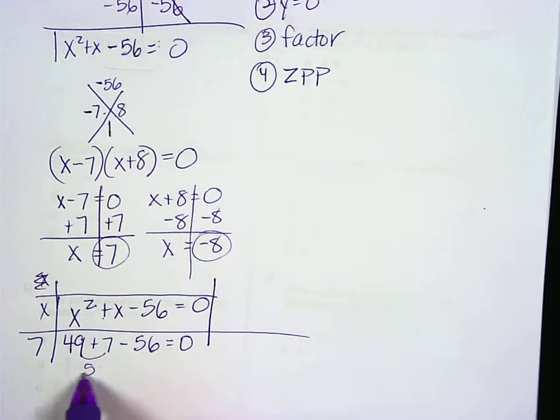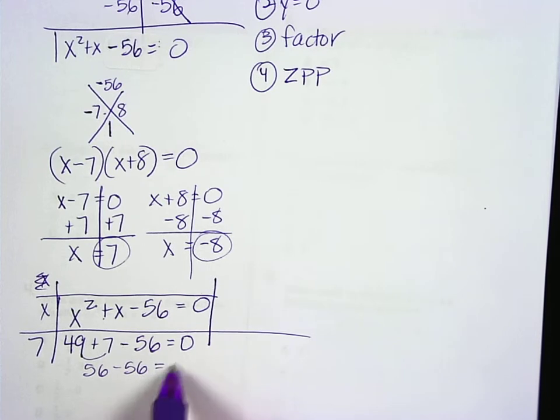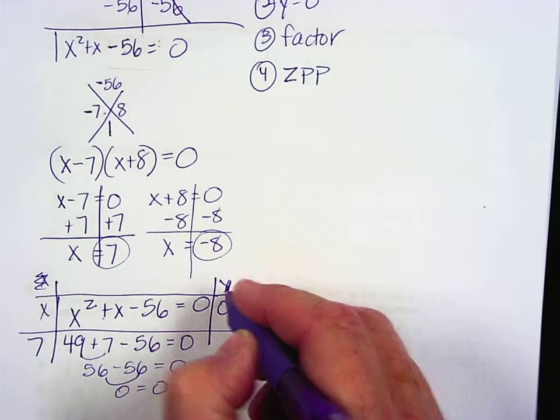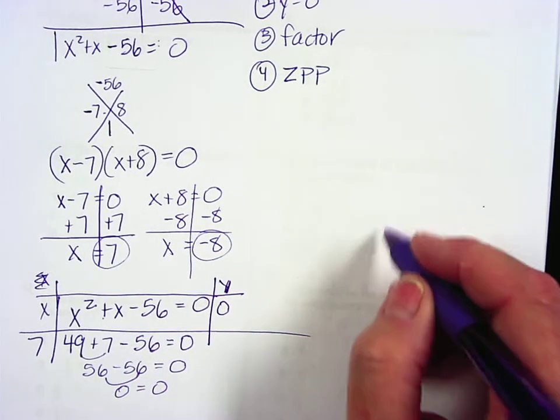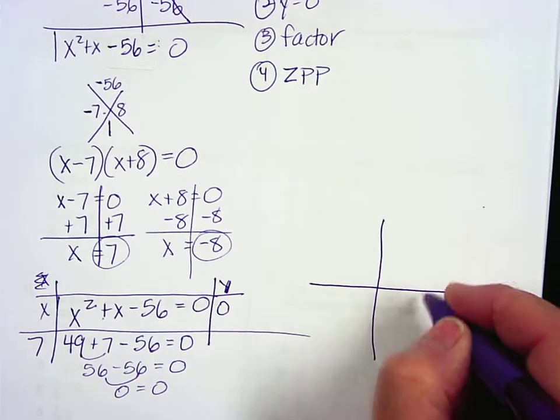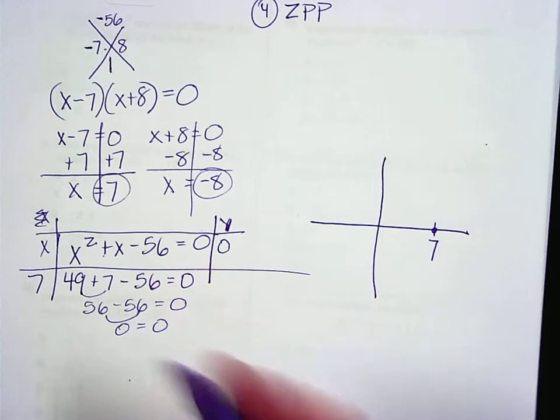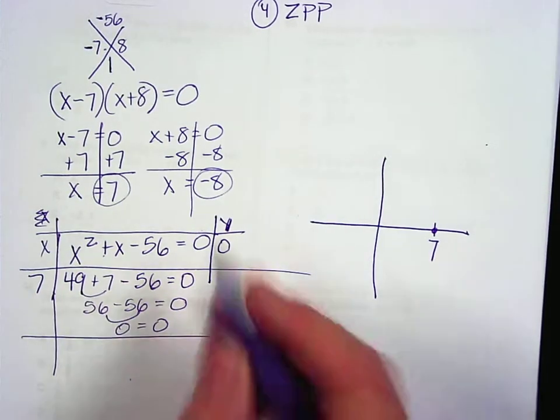Well, this is 56 minus 56 equals 0. 0 equals 0. When x is 7, y is 0. So that is, in fact, an x-intercept, because when x is 7, y is 0. That's right on my x-axis, isn't it? Now let's plug in negative 8 and see what happens.